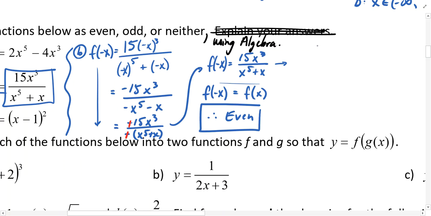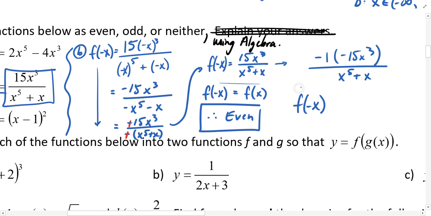If you factor from both, that would be essentially factoring by a positive 1. So we could indicate that this is a negative 1 times negative 15x cubed over x to the 5th plus x. And we would only do so in the hopes of showing that the original function that we had rewritten would be equal to the original function that we were given with a negative 1 multiplying it.